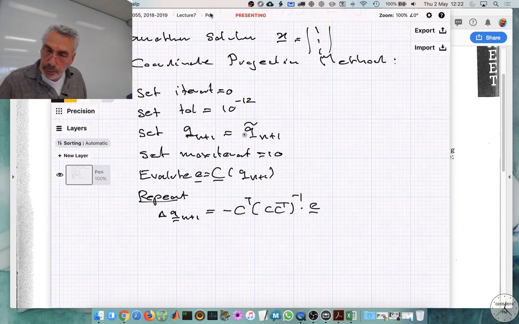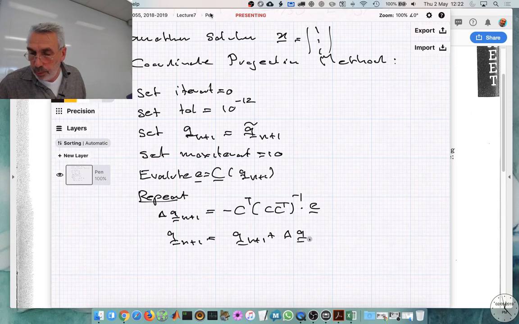So now we have calculated this increment, so we update: Qn plus 1 is the Qn plus 1 plus the delta Qn plus 1. And then, of course, we have to calculate again what our error is, by putting it into the constraint, C of Qn plus 1.